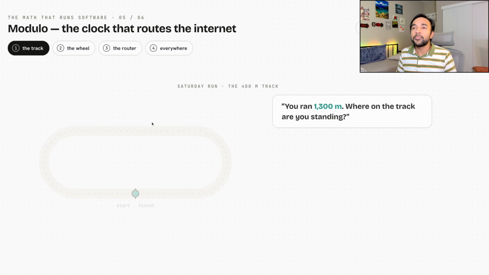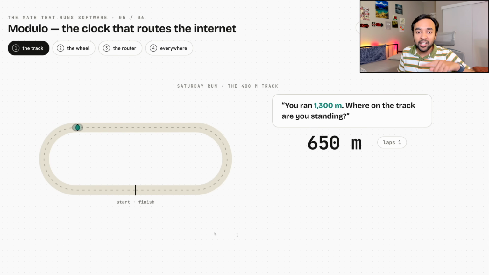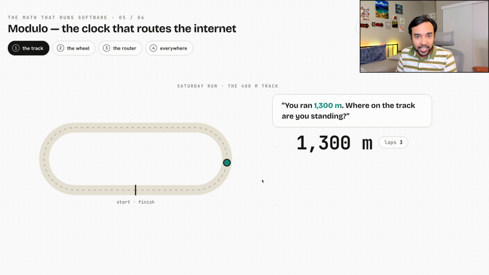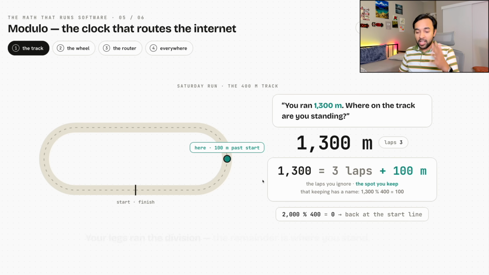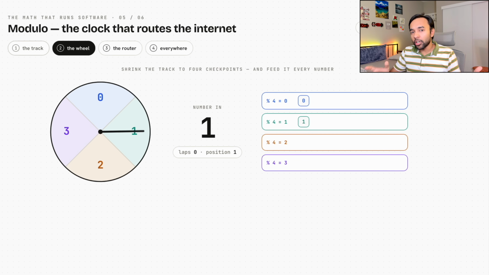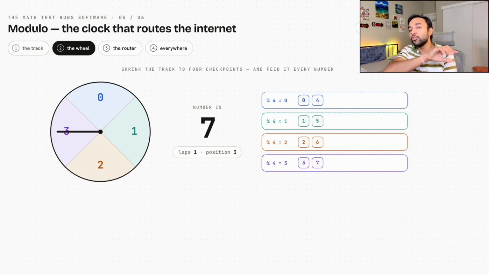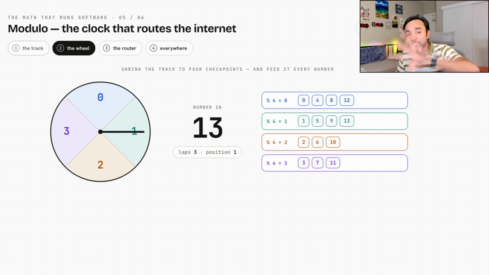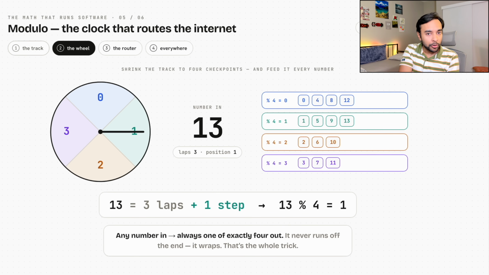Basically, how does it work? Let us say you are running on a track. You are going in circles and suddenly I ask you, what position of the track are you in? It is very simple maths. You modulo it by the total distance and then you get back which part of the track you are in. Basically, you divided the track into 4 different quadrants and every quadrant can be obtained by the modulus.